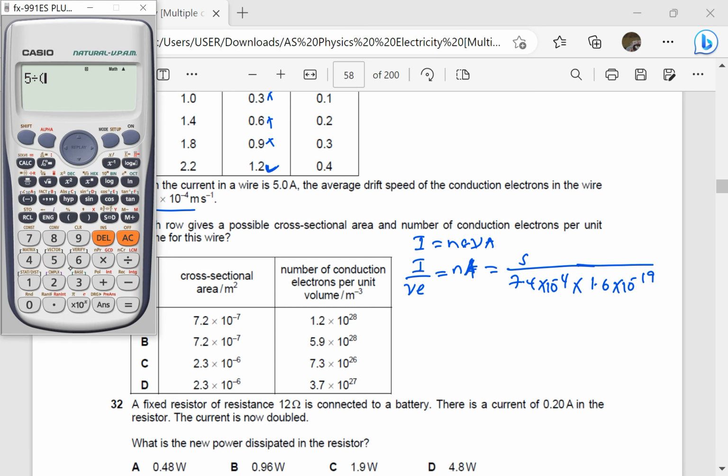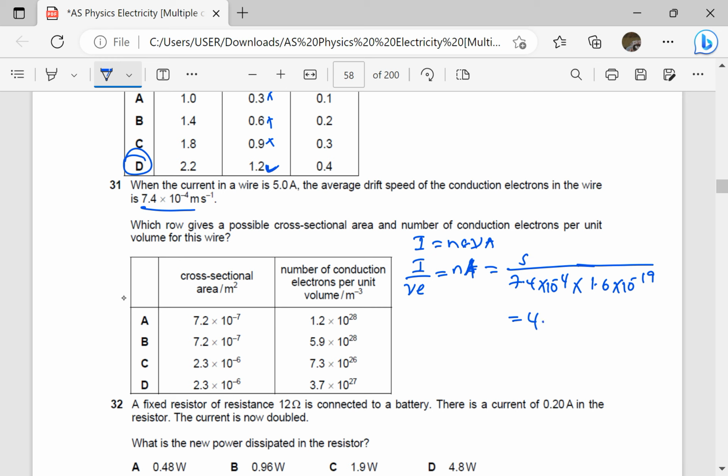So 5 divided by 7.4 exponent negative 4, times 1.6 exponent negative 19. So this is 4.2 times 10 power 22. So the product should give us 4.2 times 10 power 22. So we have to check which of these products give us that, because this is A and this is n.